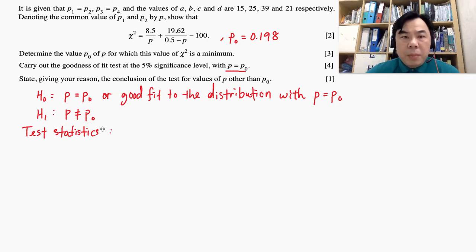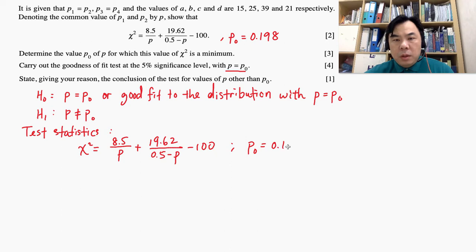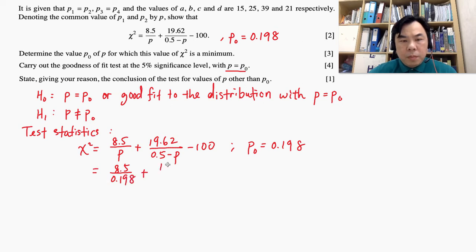We're going to calculate our sample chi-square using this formula here, knowing that the p naught that we have already found is this, so we substitute it in.